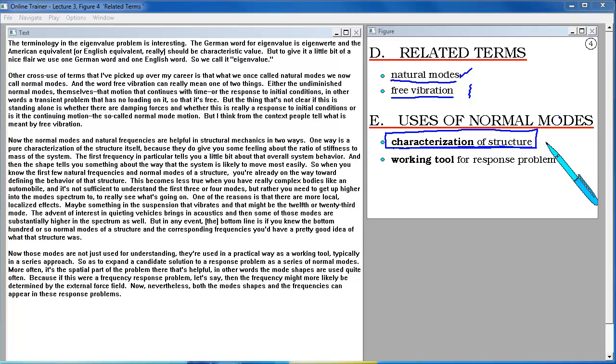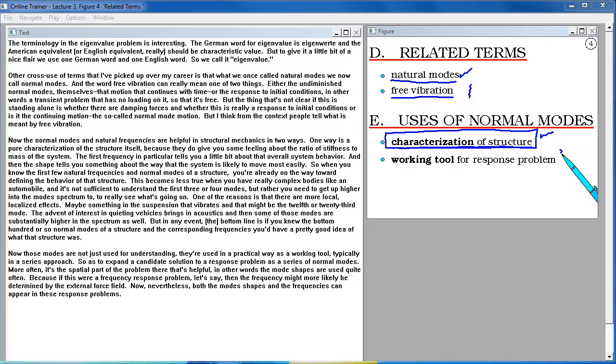The advent of interest in quieting vehicles brings in acoustics, and then some of those modes are substantially higher in the spectrum as well. But in any event, bottom line is, if you knew the bottom 100 or so normal modes of a structure and the corresponding frequencies, you'd have a pretty good idea of what that structure was.